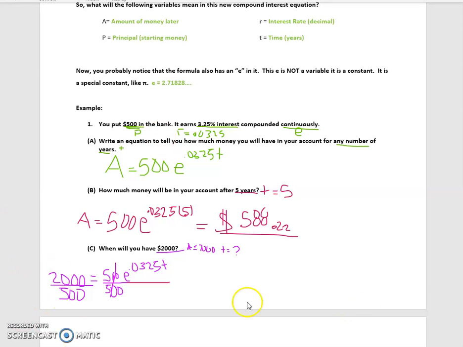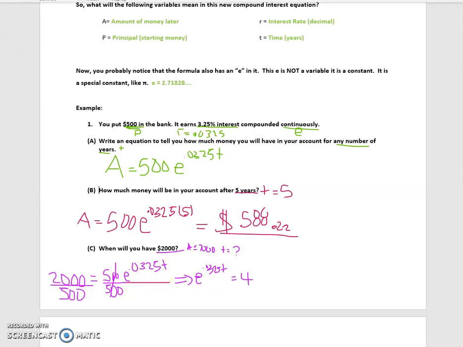And this becomes, we still have our e to the 0.0325t. And 2,000 divided by 500 is 4. Okay. Now we have this by itself.